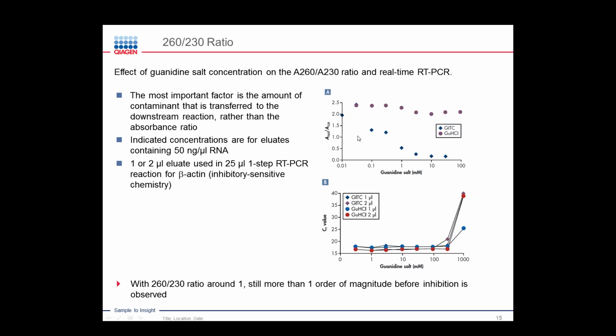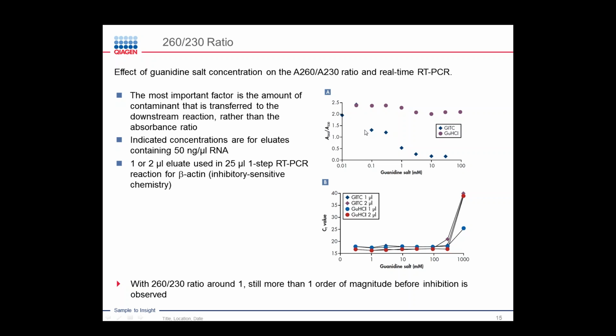In figure A, you can see a plot with the 260/230 ratio for RNA samples containing either 0.03 to 100 millimolar guanidine hydrochloride, the purple dots here, or 0.01 to 30 millimolar guanidine thiocyanate, the blue diamonds.